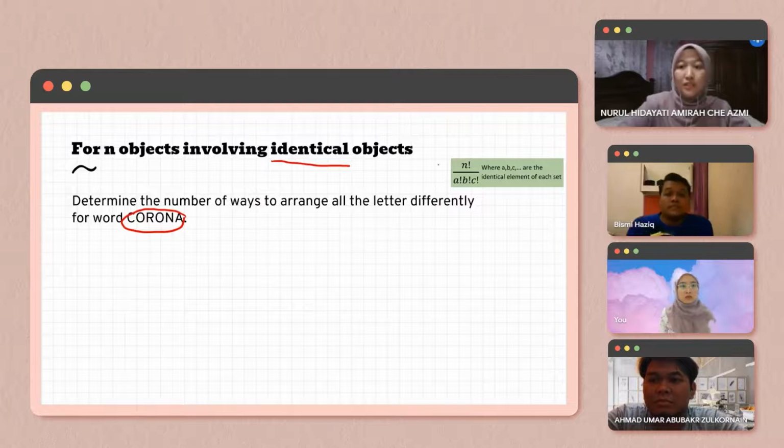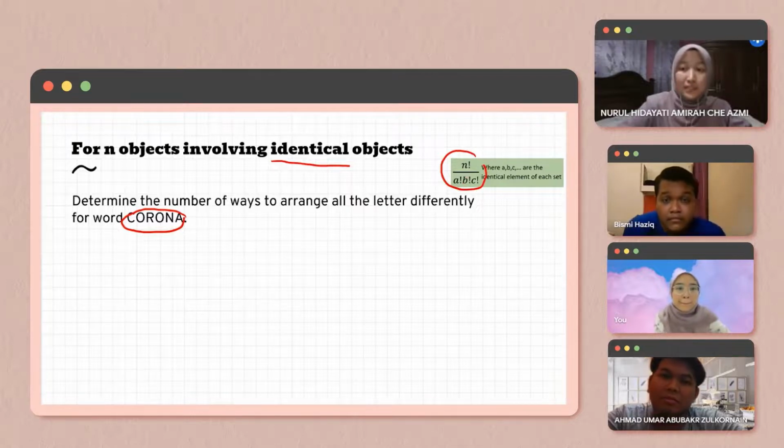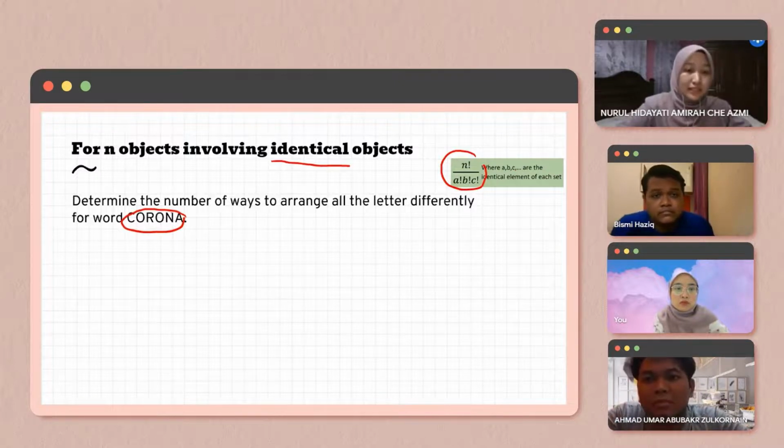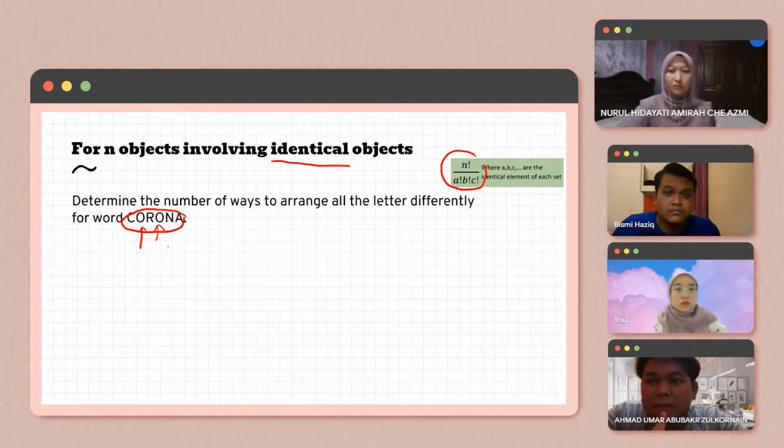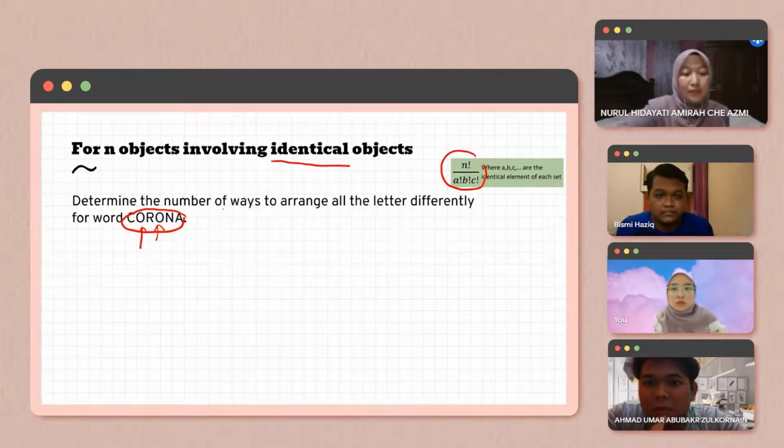As you can see, the formula here is n factorial divided by a factorial, b factorial, and c factorial, where a, b, c are the identical elements of each set. In this word we have the same letter, which is O. So n is what? It is six.